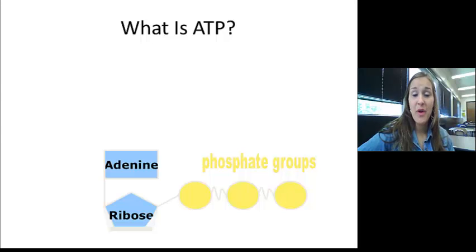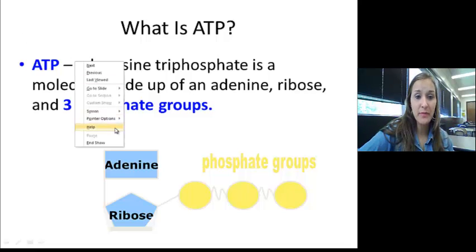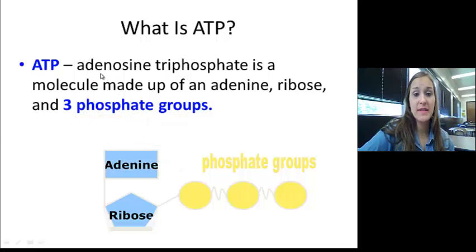So the problem is our cells can't directly use the food that we eat. They have to transform it into an energy molecule called ATP. ATP stands for adenosine triphosphate. So if you look at that word, you can see the abbreviation ATP, adenosine triphosphate.